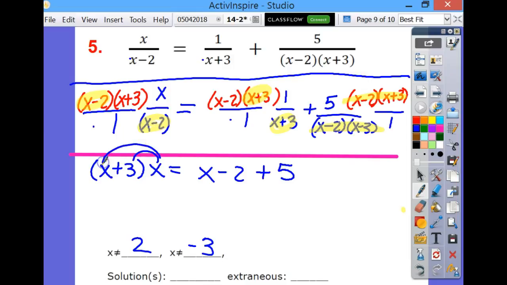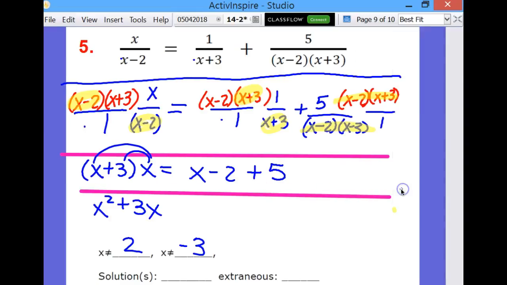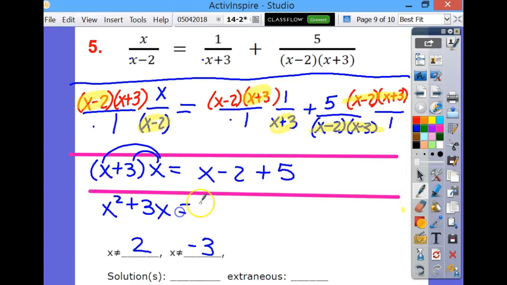This needs to distribute. X squared plus 3x equals x. What is this when those two combine? Do you see an x squared? That means that I am going to need to factor this.